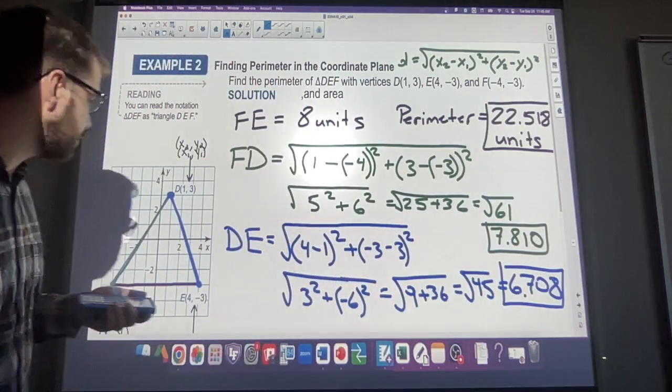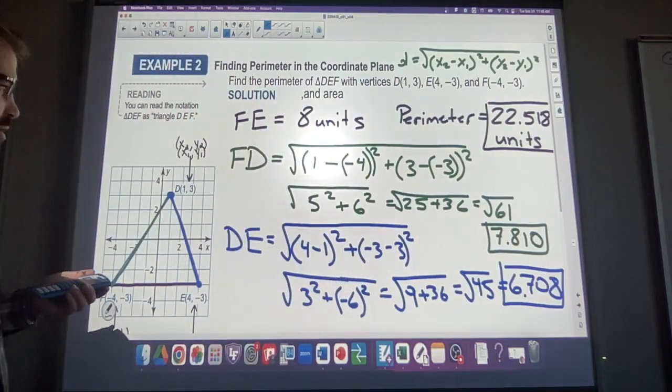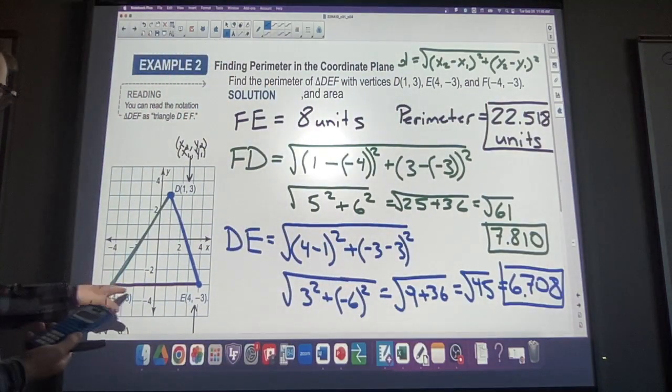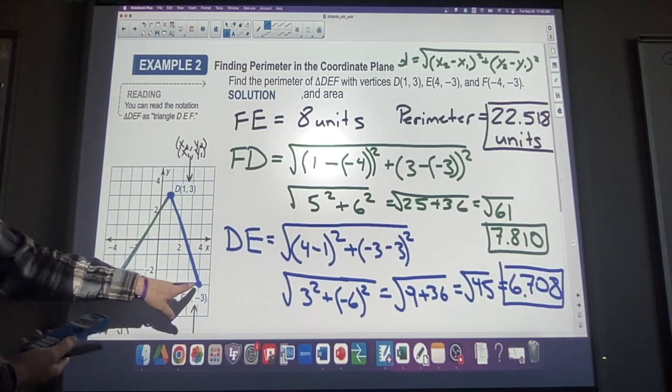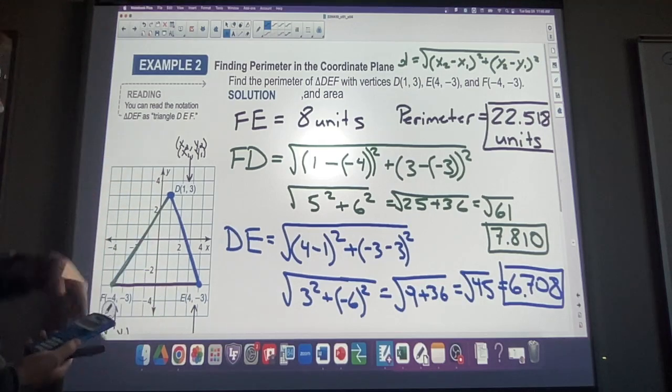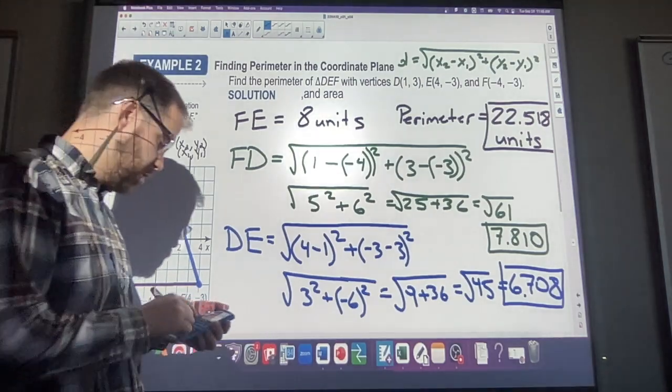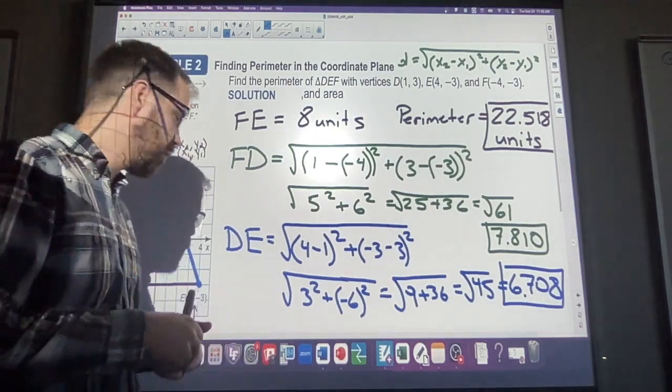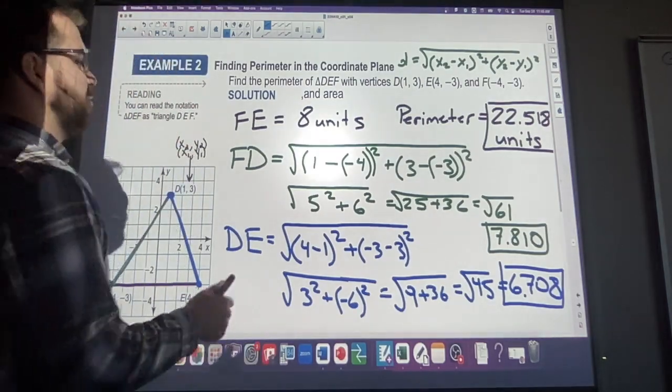Okay. Let me just look this over, make sure I didn't make a mistake here. 5, 6. 3 and 6. Okay, looks good. All right, so now what we're going to do is we're going to find the area.